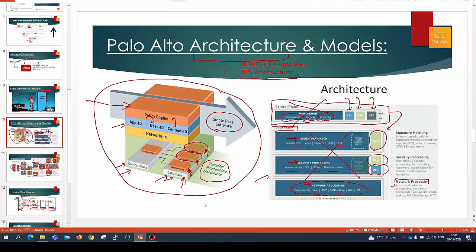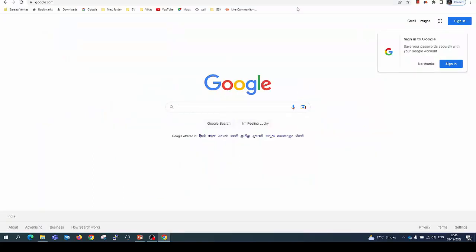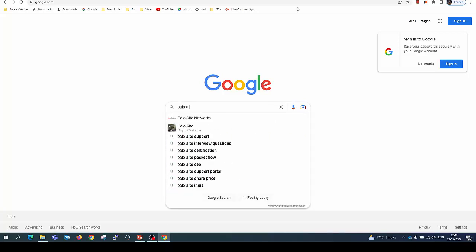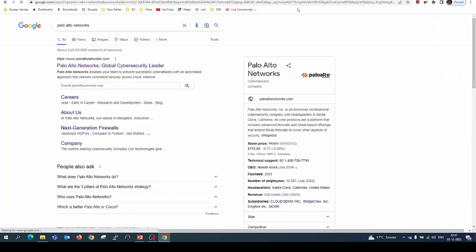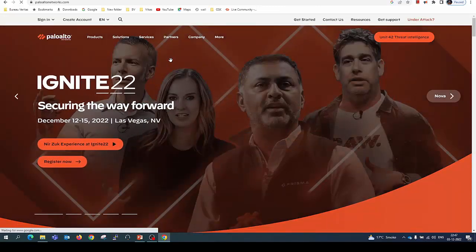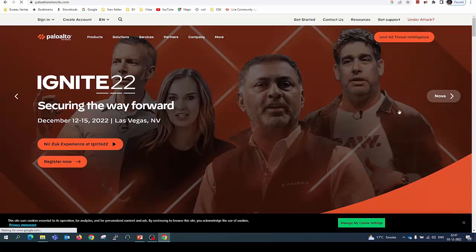All right. Now, let me show you one very interesting website, which is Palo Alto. Let's look at the hardware information of the Palo Alto. Palo Alto Networks. Okay, this is the official website of Palo Alto.